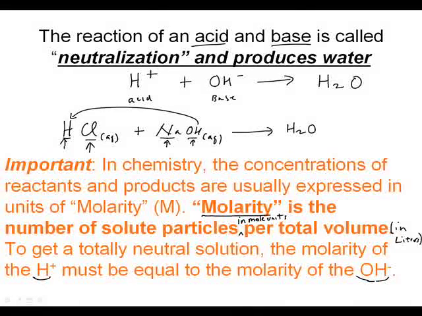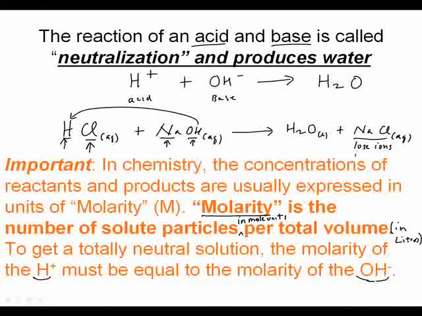Okay, this reacts with that to make water. And then sodium and chlorine are left over, and we write them like they are a compound. They aren't really. This again is loose ions. Ion soup, if you will. We can write it as this, just to keep it clear. And that's neutralization.